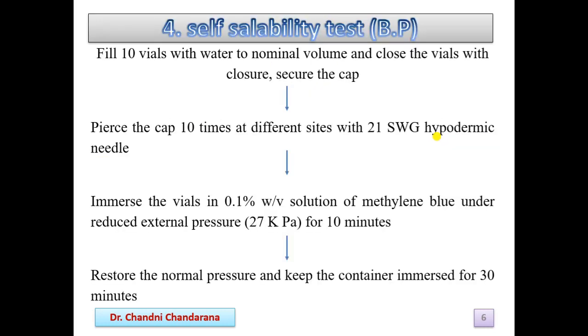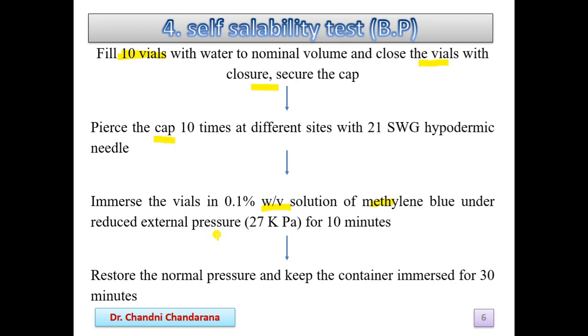Then next is the self-sealability test. It is given according to the British Pharmacopoeia. To perform the self-sealability test, we fill 10 vials with water to nominal volume and close the vials with closures. After that, we pierce the closure 10 times at different sites with a hypodermic needle. Now immerse the vials in a 0.1% weight by volume solution of methylene blue under reduced external pressure of 21 kilopascal for 10 minutes.